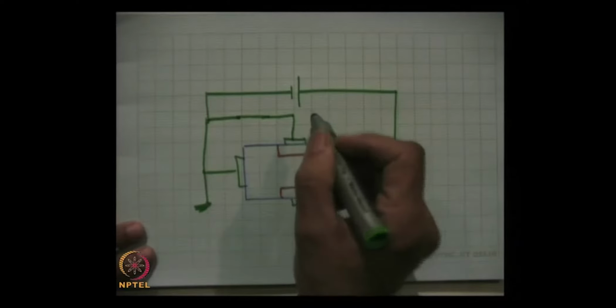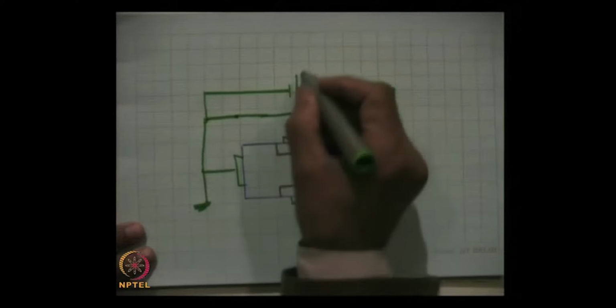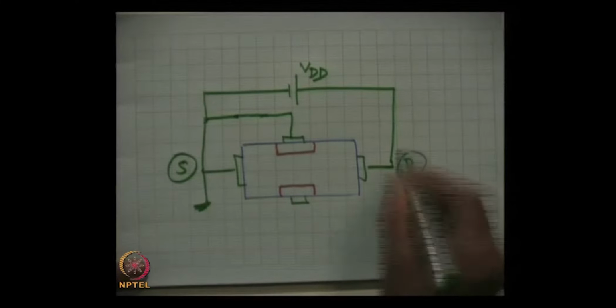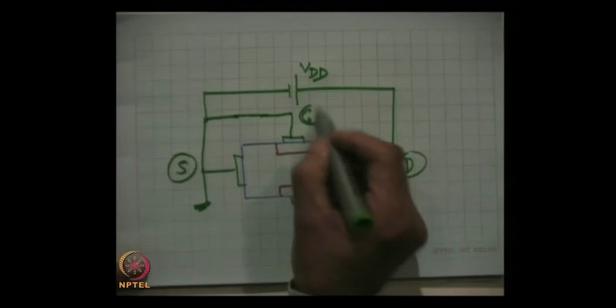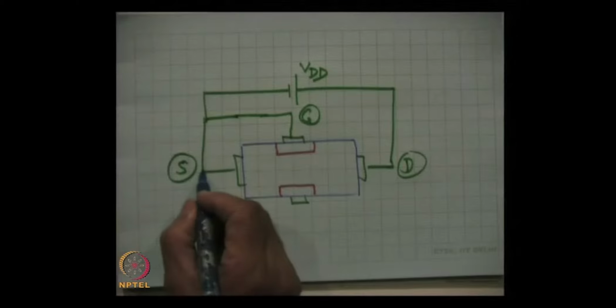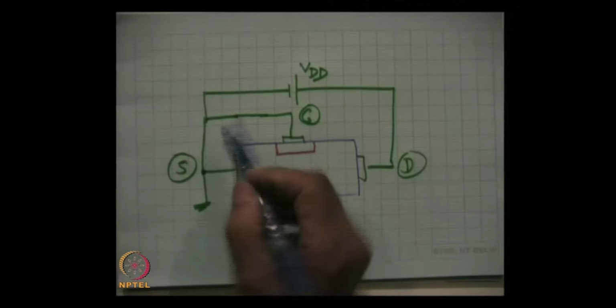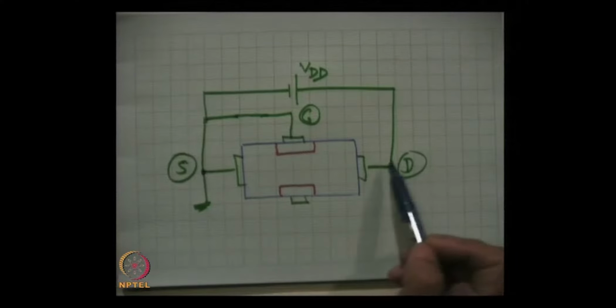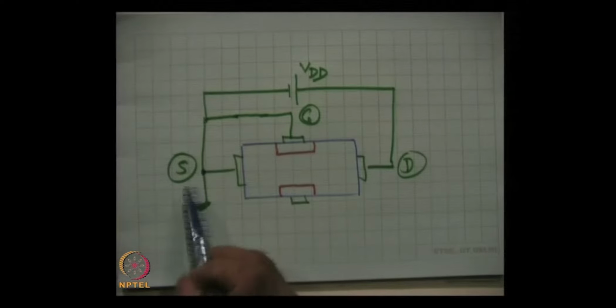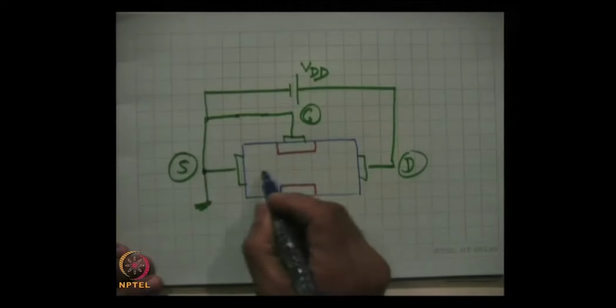This is a battery VDD. This is the source which is written as S, this is drain, and this is gate. Gate is at 0 potential, at ground potential, it is grounded, and we have applied a positive voltage to drain with respect to source. Now, what will happen? This is the channel.